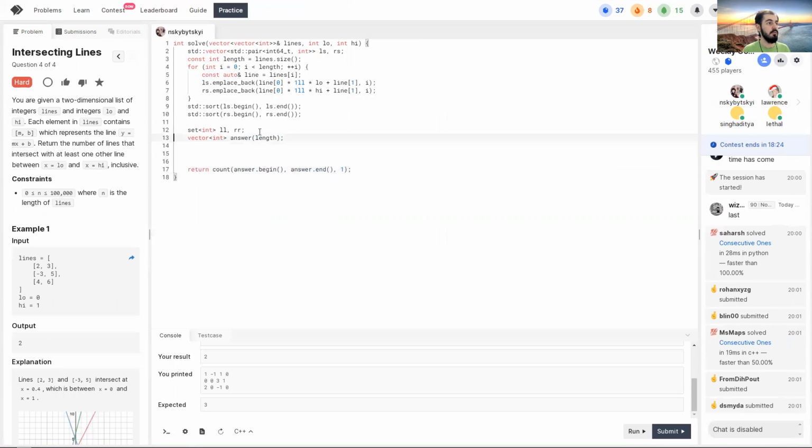I guess we'll have something like this. I'm really not in the mood today for one-letter variable names, sorry guys. Is it a set of integers or of pairs of integers? Of integers, okay.